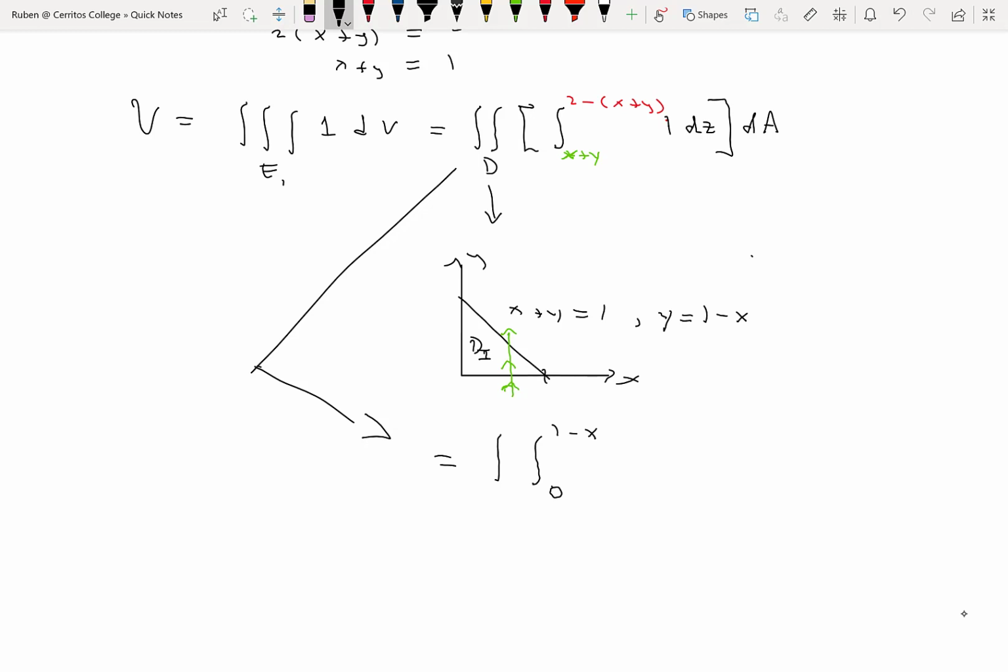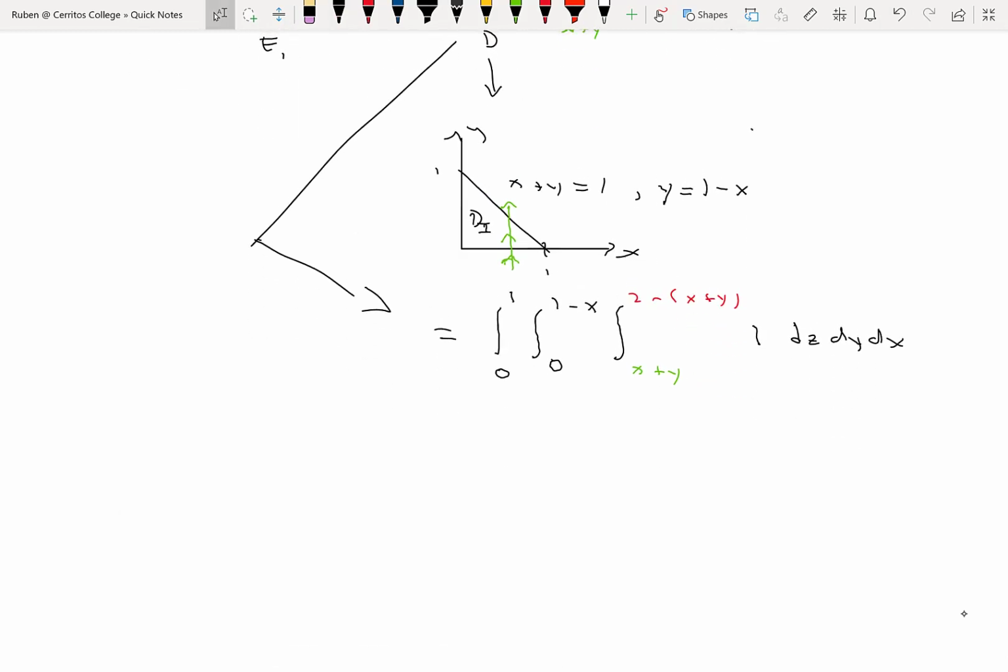Then x varies continuously from 0 to 1. That's our outer two integrals. The inner integral is still the integral from x plus y to 2 minus (x plus y) of 1 dz, then dy and then dx. So this is a triply iterated integral.